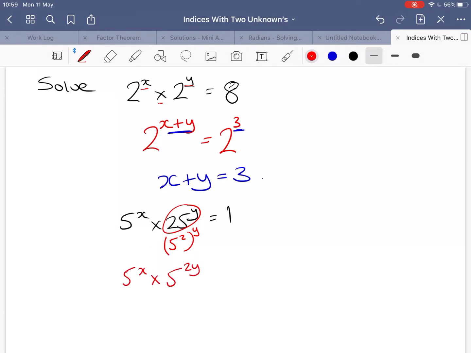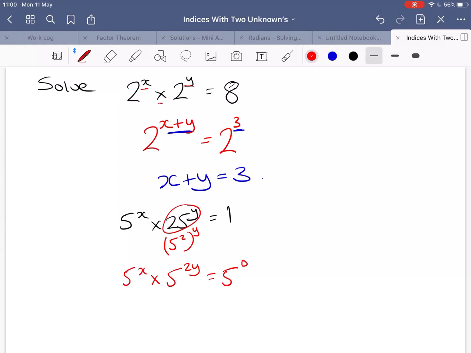And if we think about what the number 1 is, this is the one where people get confused. But remember, how can I write that as 5 to the power of something? Well, anything to the power of 0 is 1. So I can write that as 5 to the power of 0.